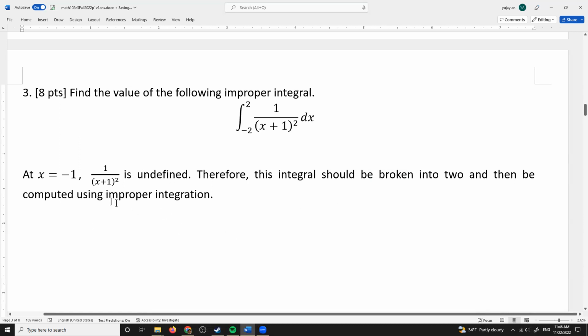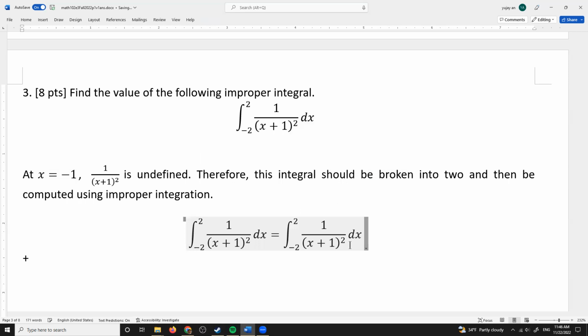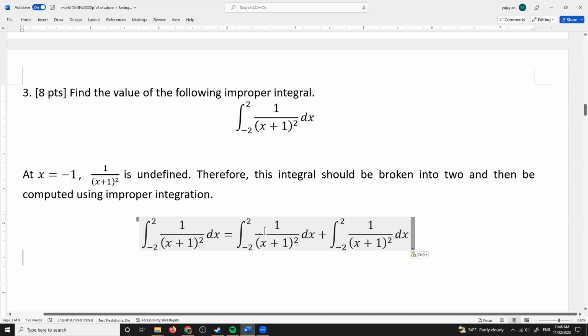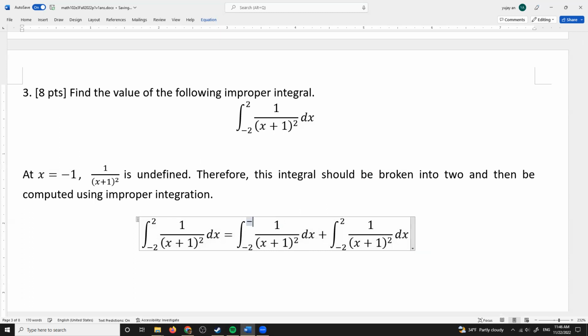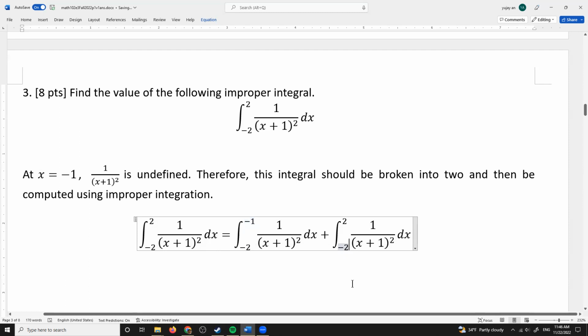Okay. All right. So now we have to say, therefore, this is equal to this plus this, where the first integral should be from -2 to -1, and the second integral is from -1 to 2.